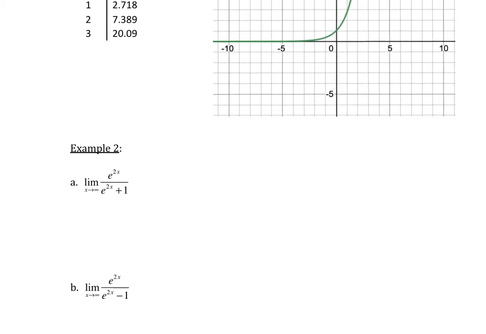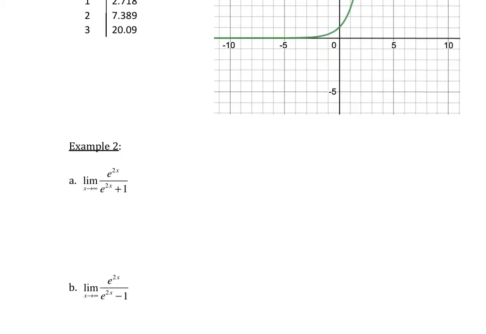When we look at example 2a, the numerator is e to the 2x, the denominator is e to the 2x plus 1, but we're taking a limit as x goes to infinity. When we plug infinity into the exponent, 2 times infinity is just going to be infinity.